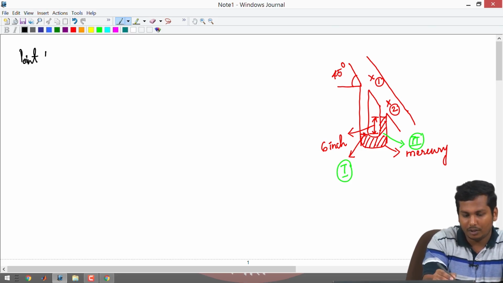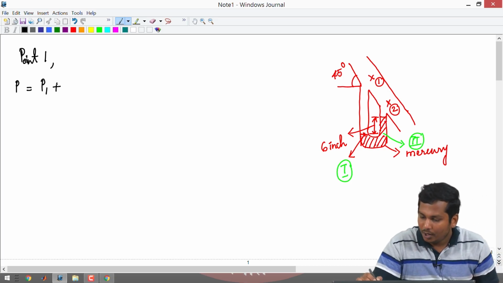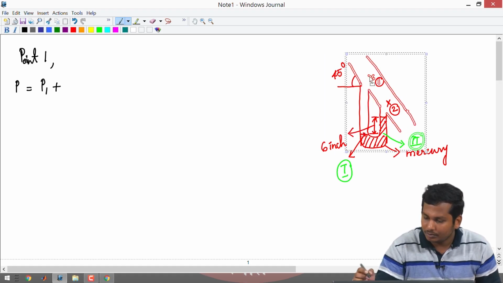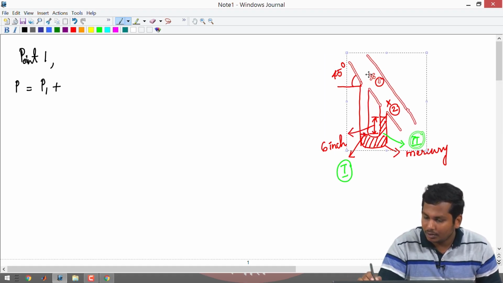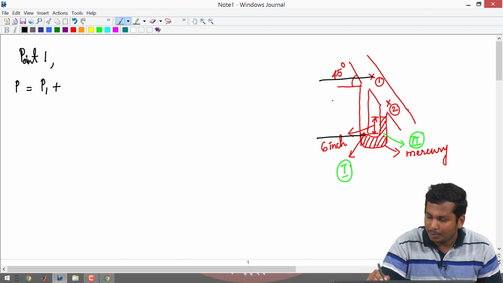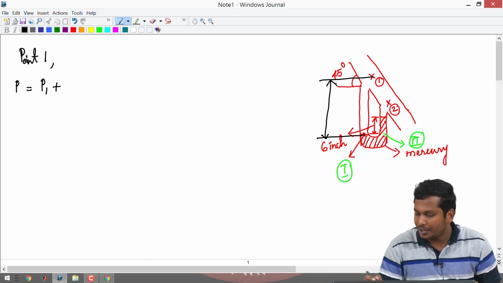For point 1, if we calculate the pressure, it would be P1 plus the pressure exerted by the fluid which is in this region.